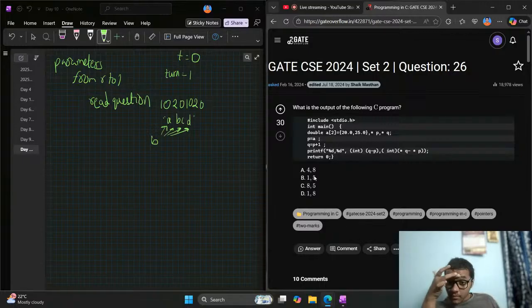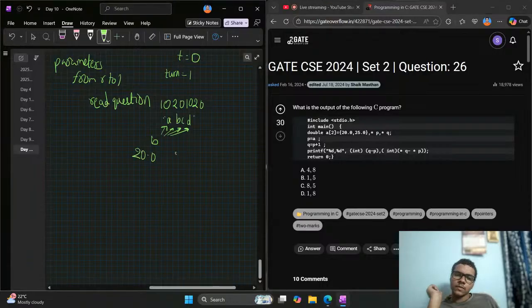Yeah, 220. Okay, double size. I see. So P is pointing to A, 20.0, 25.0. This is pointer and Q is pointing to the next location.